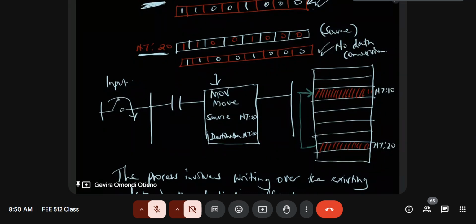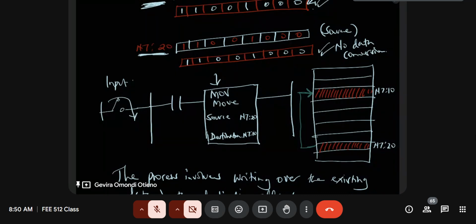Just like we were doing with timers, you want a certain condition to be met before you bring in the timer or before you bring in the counter. But for the move operation, you can just use it without any preceding conditions. So it's just like I switch on or activate my move command, and the move happens without any preceding conditions involved.